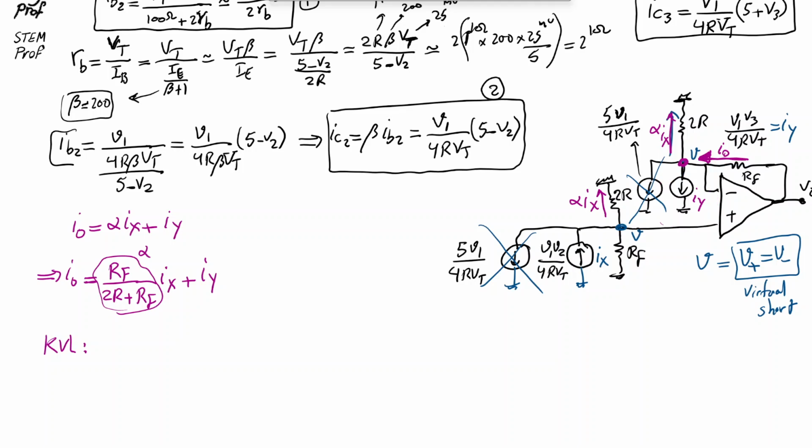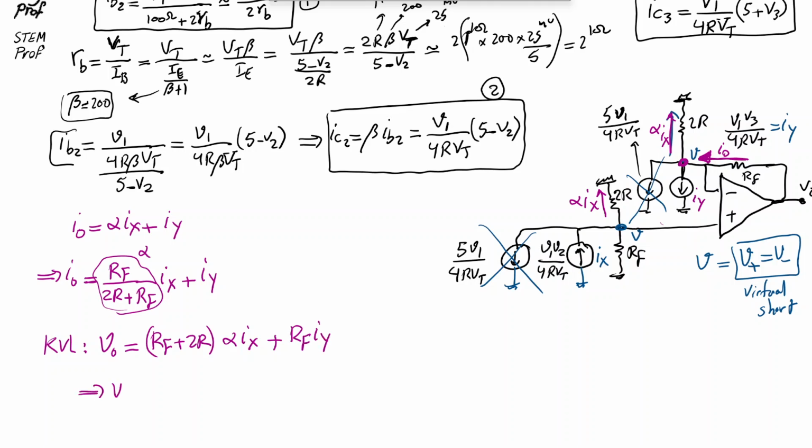So therefore what happened is Vout is equal to RF plus 2R times alpha IX, plus IY, which can only go, as we discussed, through RF, no other way for it. So therefore we get RF times IY.